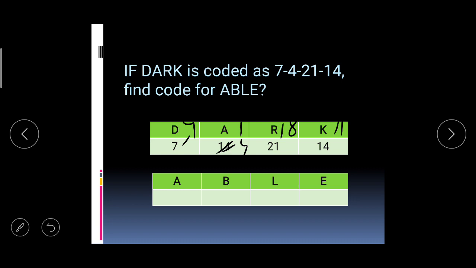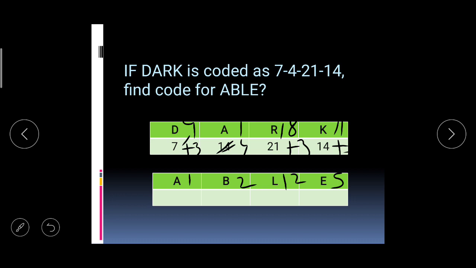So how are we getting 4 into 7, 1 into 4, 18 into 21 and 11 into 14? It's very simple. We just need to add 3. Similarly, we put in the positions for able: this is 1, this is 2, this is 12 and this is 5. You just need to add 3.